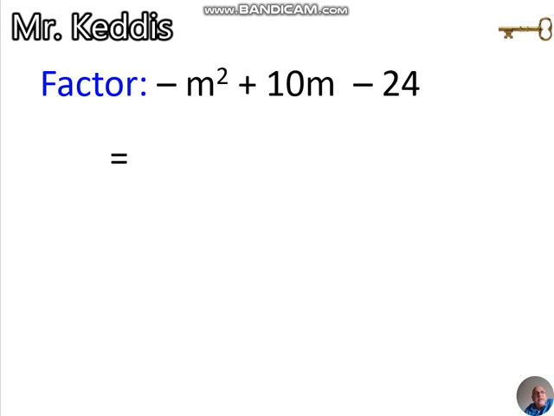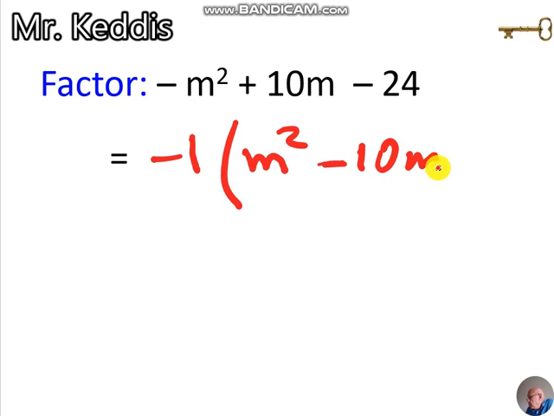Also, I have to take negative 1 from here as a common factor. Negative 1 common factor. Here m squared. Negative times negative to get positive here. Here 10m. And the negative times what to get negative means here positive now. 24.